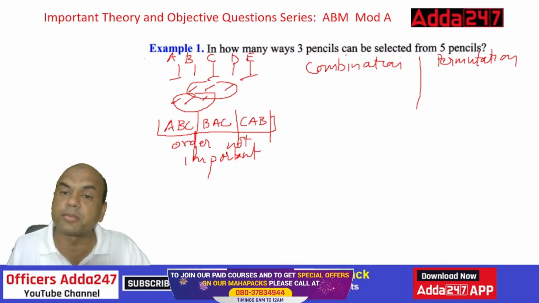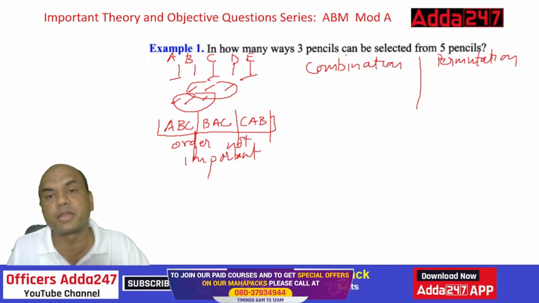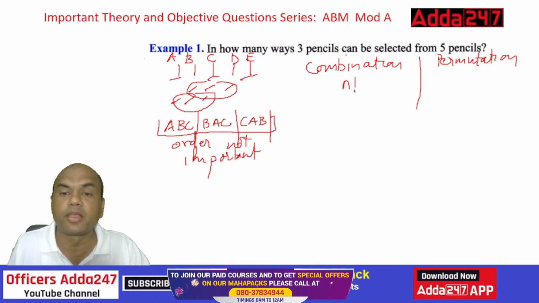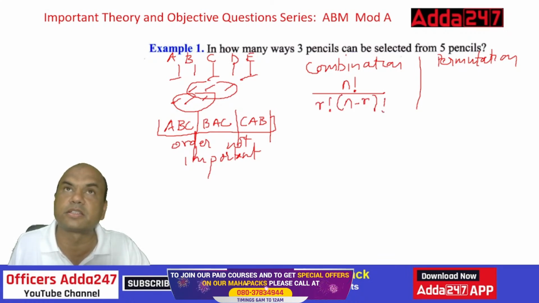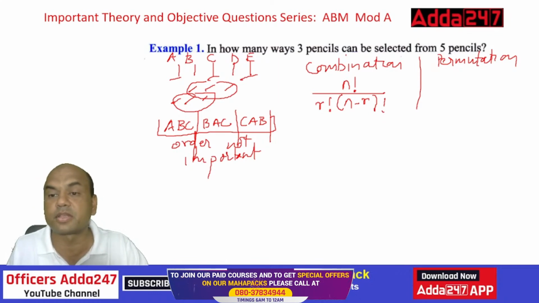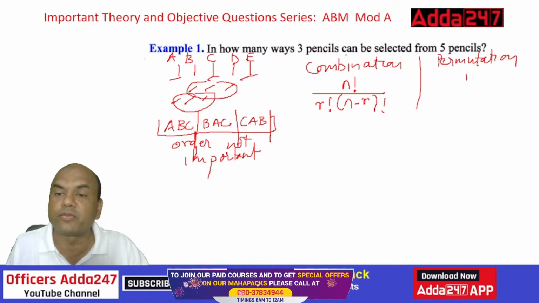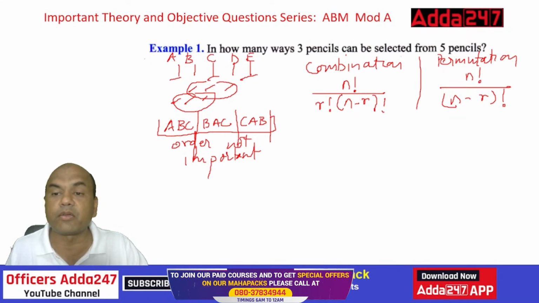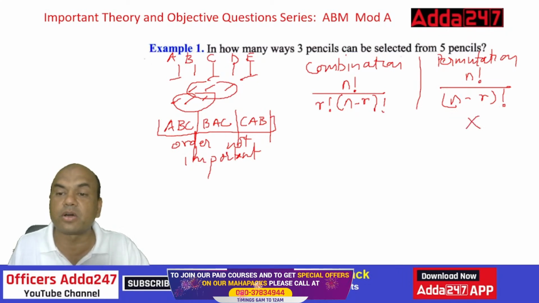So what is the formula for combination? The formula for combination is n factorial upon r factorial into n minus r factorial. What is the formula for permutation? n factorial upon n minus r factorial. But here I won't be using permutation because the order is not asked.